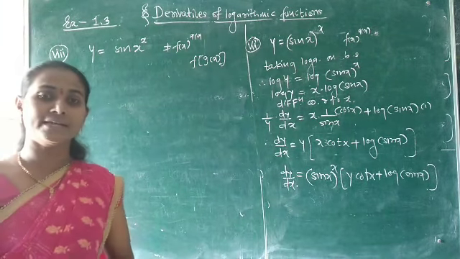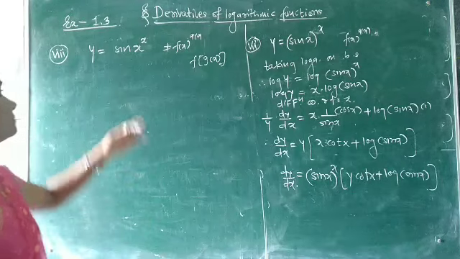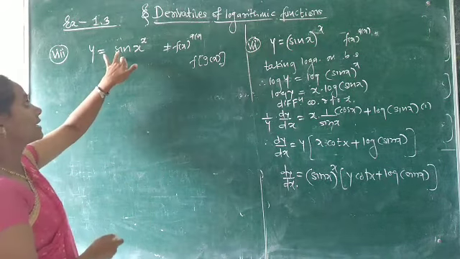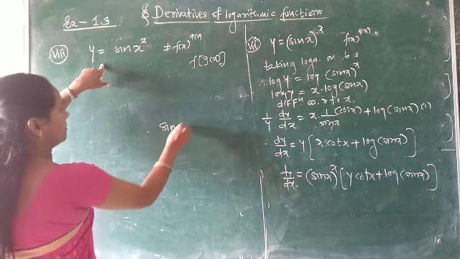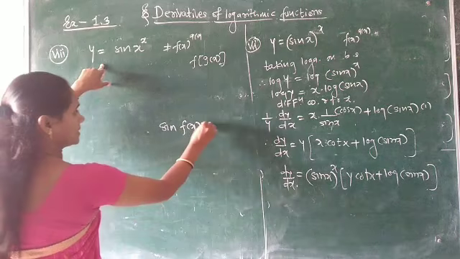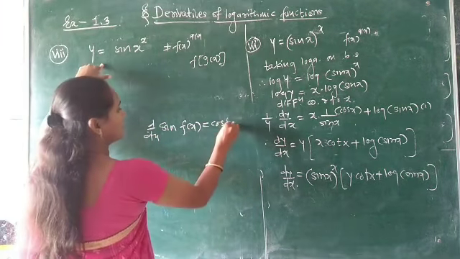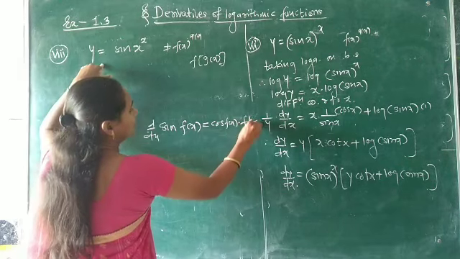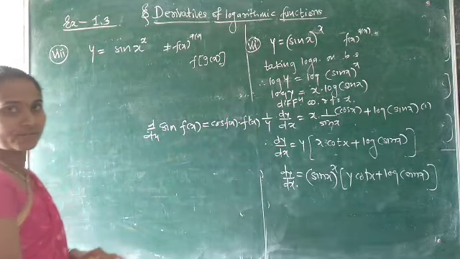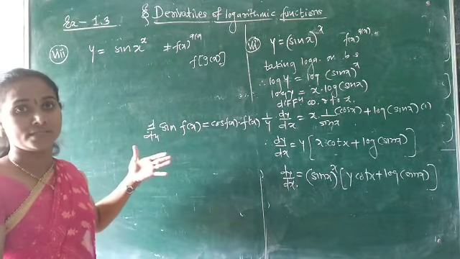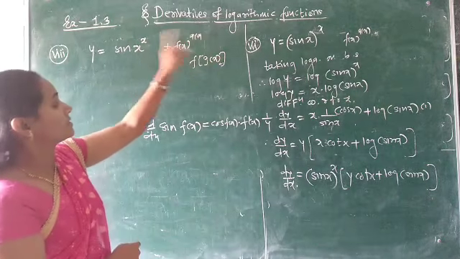So how to find the derivative of the composite function? Take first the derivative. This is sin f of x, and the derivative of sin f of x is what? Cos f of x into derivative of the function. So here don't apply logarithm. These are not the same.